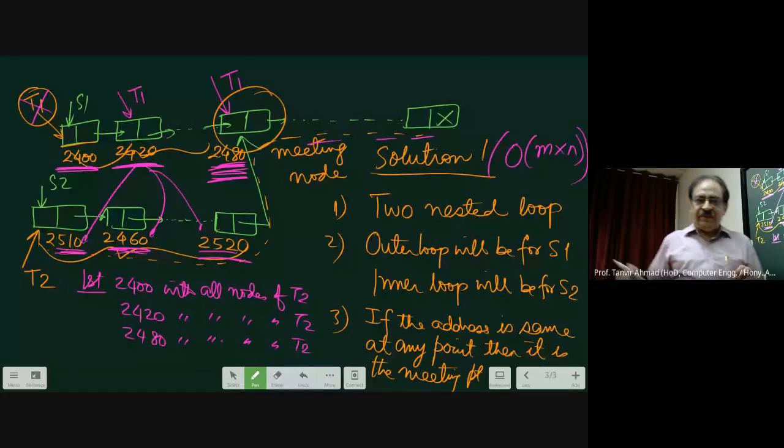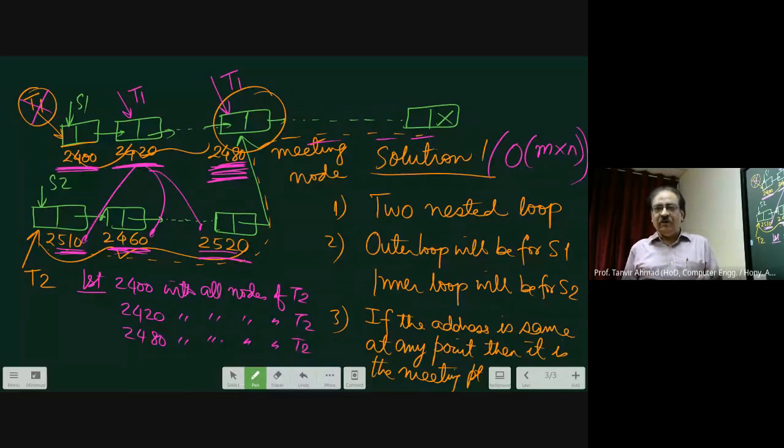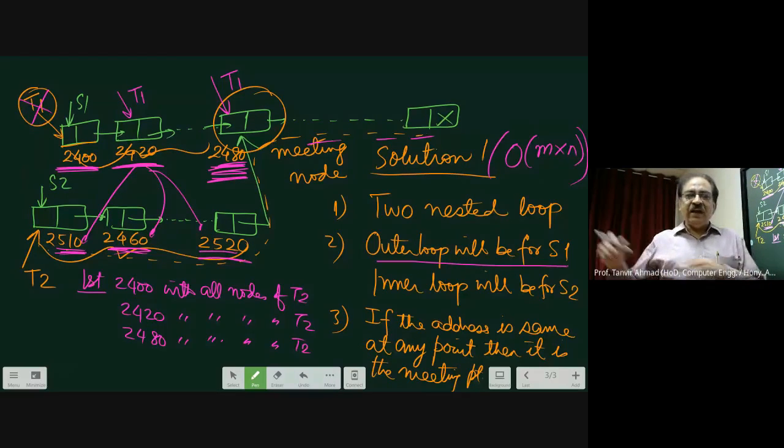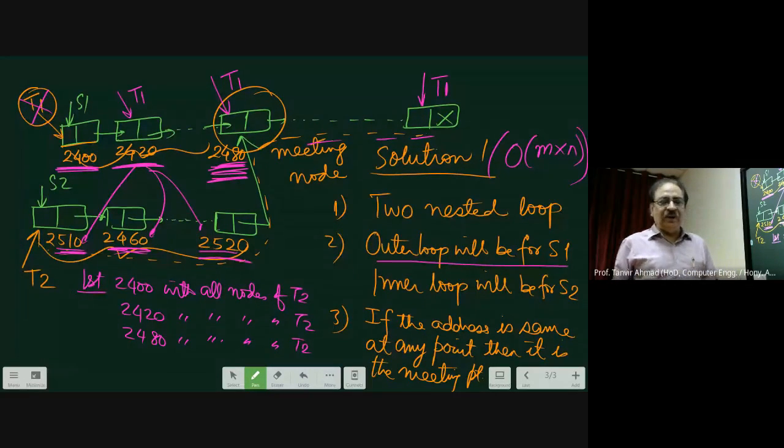reaches the last, it means no meeting point was found. The outer loop pointer, if T1 reaches here, it means that there is no meeting point, because T1 moves one by one, and T2 is on the inner loop, so T2 will reach the end many times, but T1 will come to the end only one time.